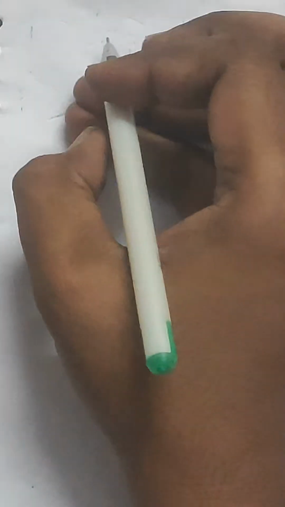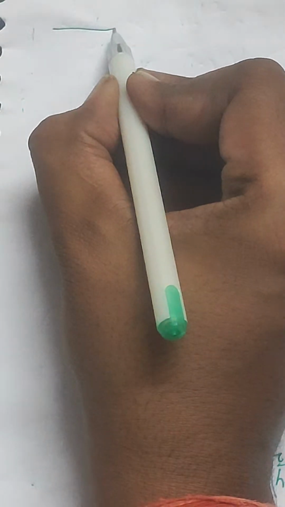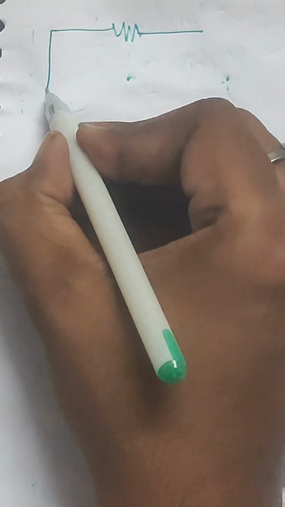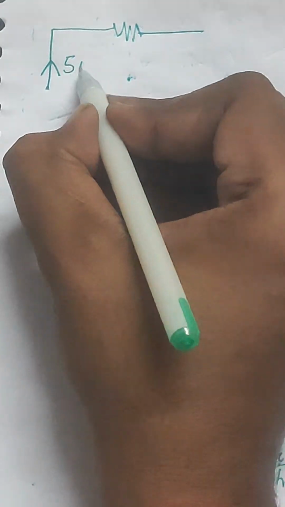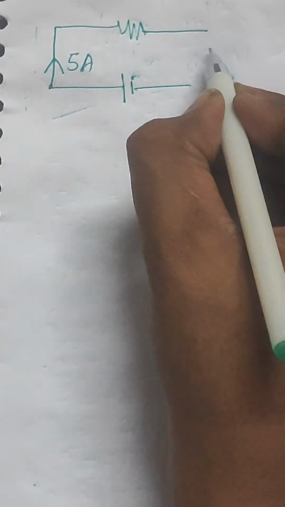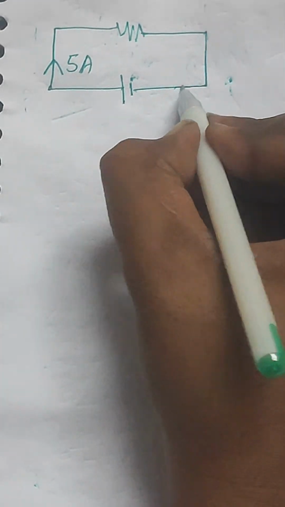So I am drawing it over here. So the parallel combination of three parallel connected resistances will be that circuit will be simplified as this, right?